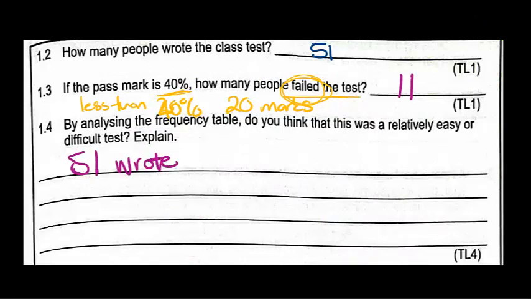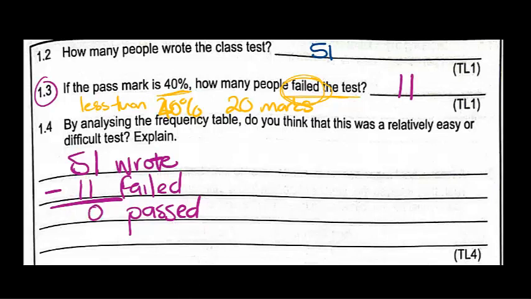When I look at this question, I'm saying 11 people failed, right? So I'm going to subtract it from the total, and I can tell myself how many people passed. So 1 minus 1 is 0, and 5 minus 1 is 4. 40 people passed. So 40 passed and 11 failed.